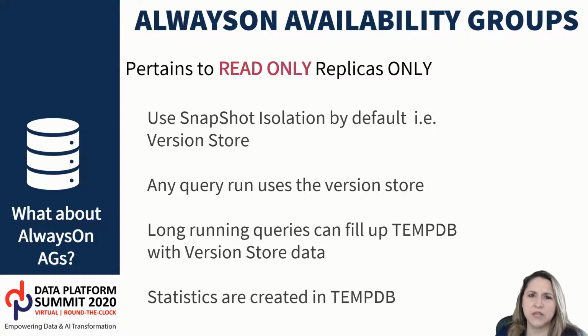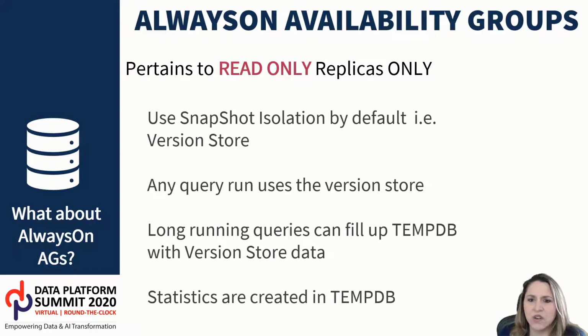So if your Tempdb is filling up and you really don't know what the cause is, it is possible that your AGs are playing a part in there. I just wanted to quickly mention that. I do have a resource for you on availability groups and how they're used inside Tempdb that I'm going to give you at the end of this session. So just make note of it.